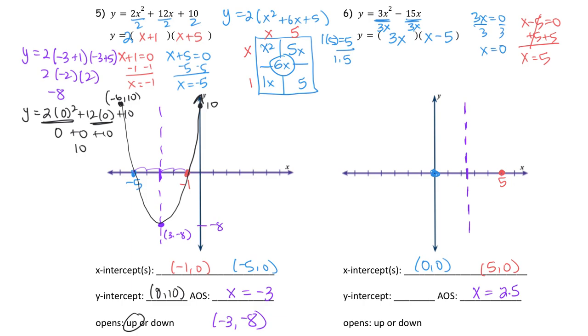This happened once before, but we can see here that if our x-intercept is also on the y-axis, that is also our y-intercept. And so to get another point on here, we do know that this is going to open up because 3 is our leading coefficient right here, and it's positive.